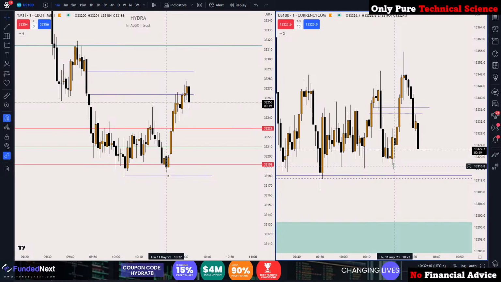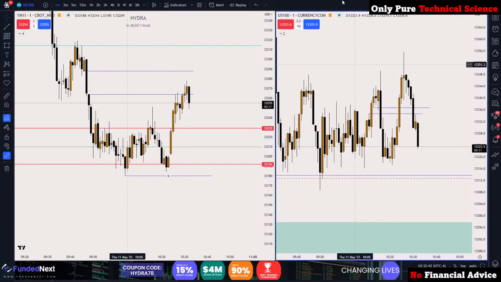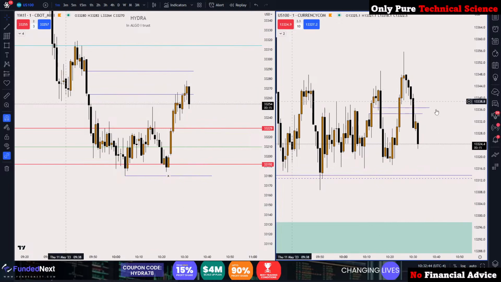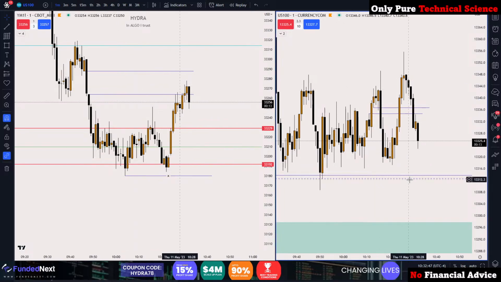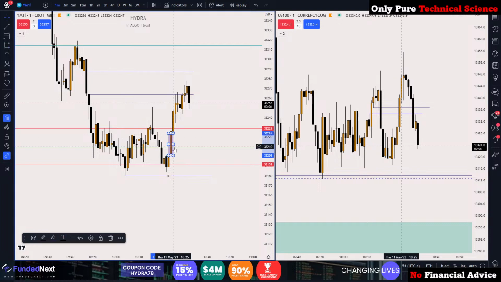According to the sixth sister concept, the sixth sister is Dow right now. Okay, NAS, I think it will take out this relative equal low. Dow will drop down to this fair value gap, and it's very much possible for Dow to reverse from this fair value gap.